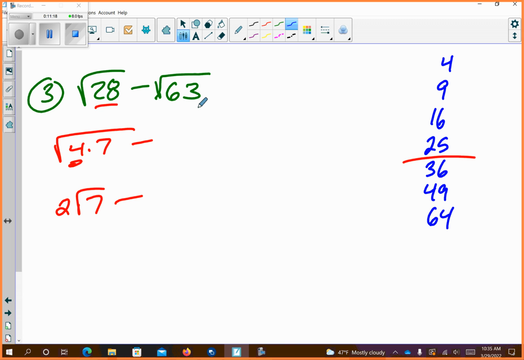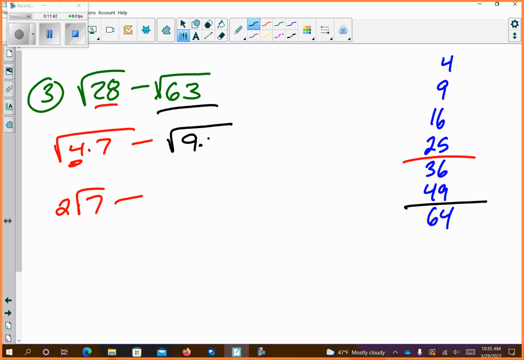All right. Then we're going to look at the 63. 63 falls there. Look up with the numbers above that black bar. What numbers multiply together to give me 63? Yeah, 9. Good.